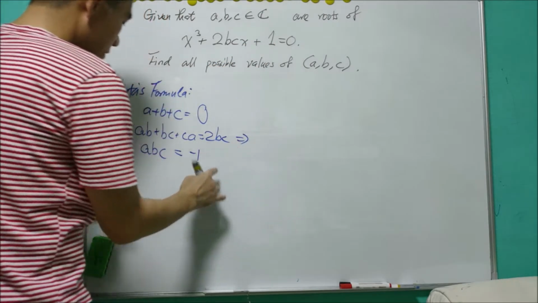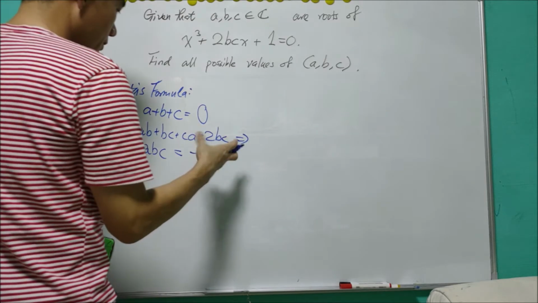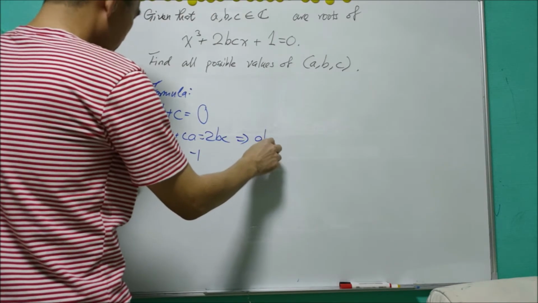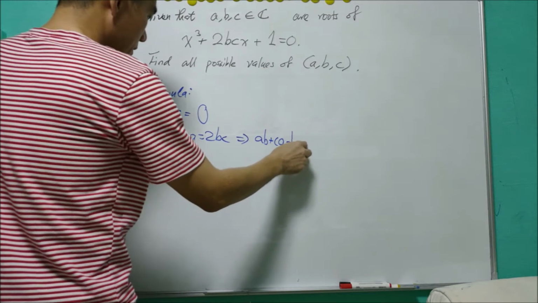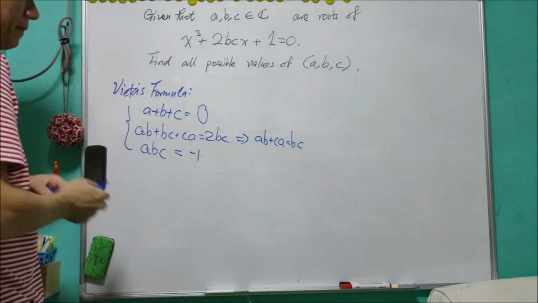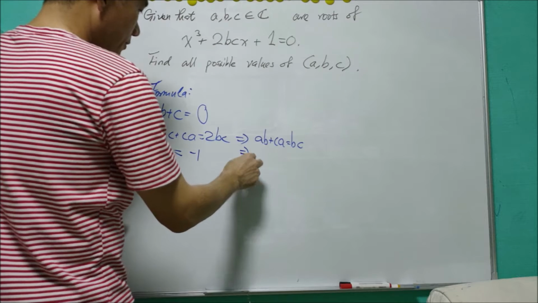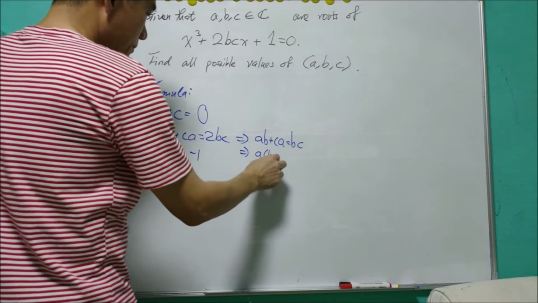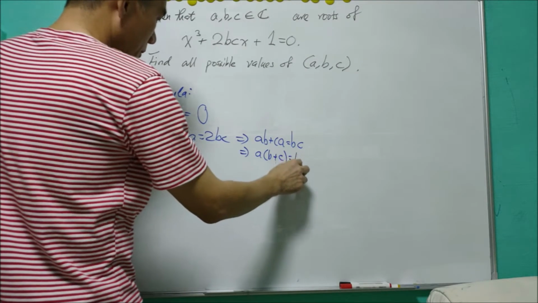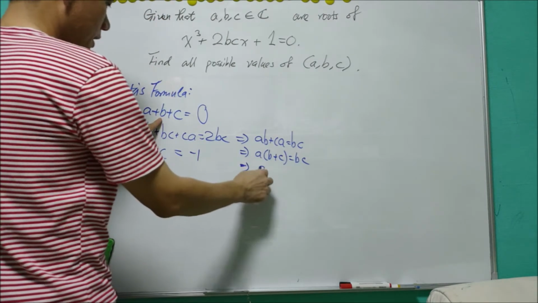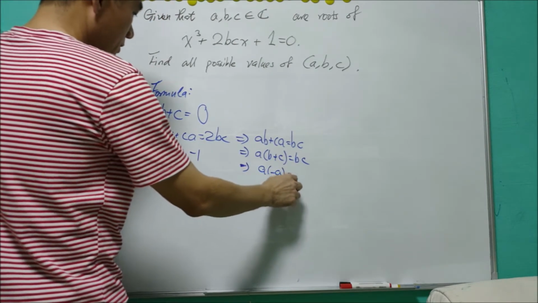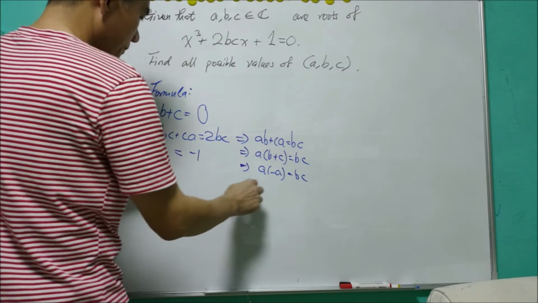So by using the second equation here, we will get ab plus ca equals bc. And therefore, a(b plus c) equals bc. b plus c from here is actually equal to -a, so this is bc.